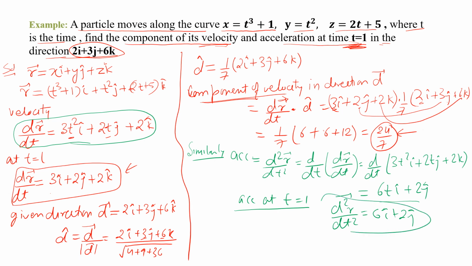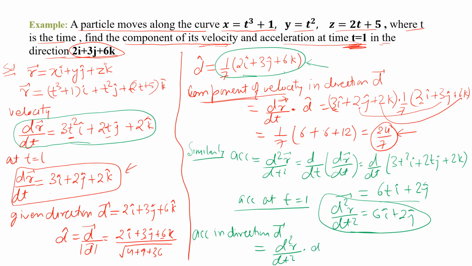Now again we have to find the acceleration in that direction. So we just take a dot product of that with this. The acceleration in the given direction d is d2r by dt2 dotted with the unit vector d.